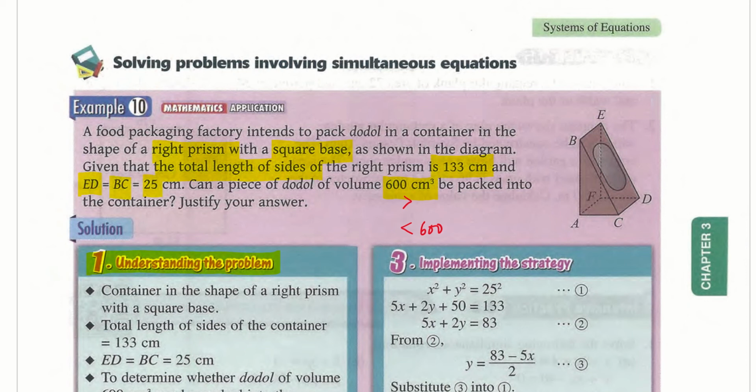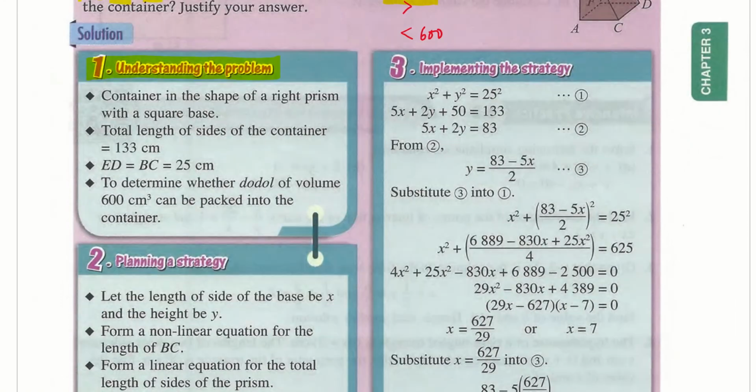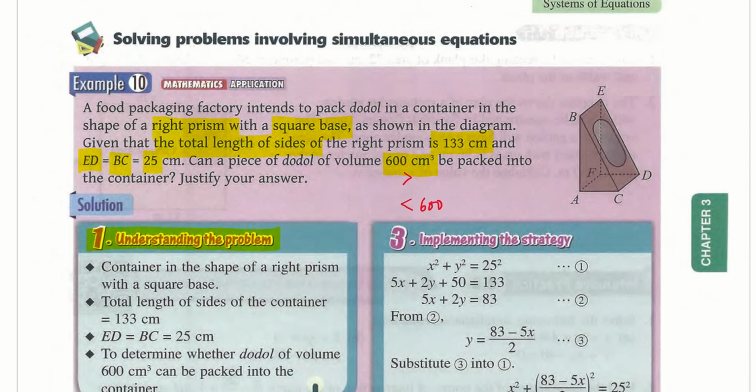So since we understand the problem, the next step is planning a strategy. Just now we planned that if the volume of the container is greater than 600, then it can be filled. Before that, from the information given, the total length of the side is 133 and this is a container of right prism with a square base.